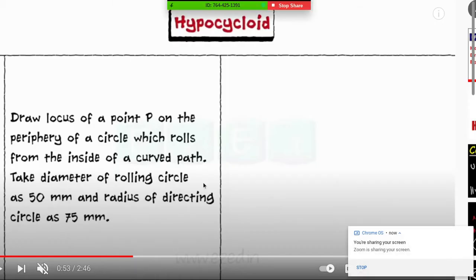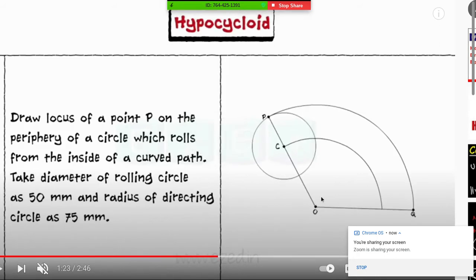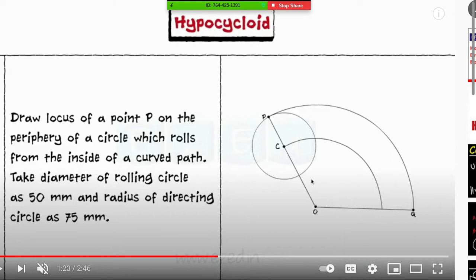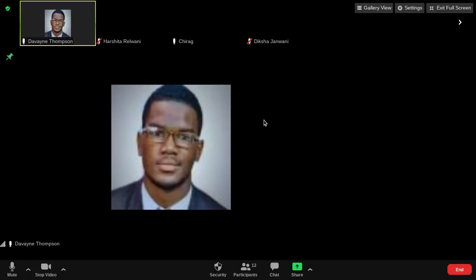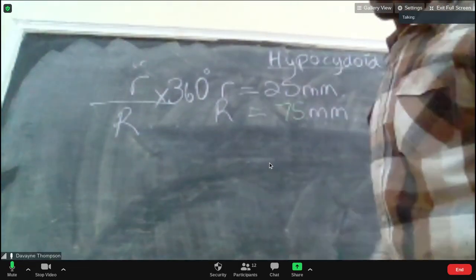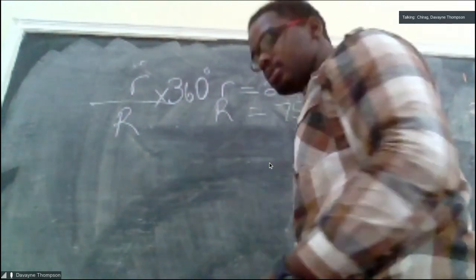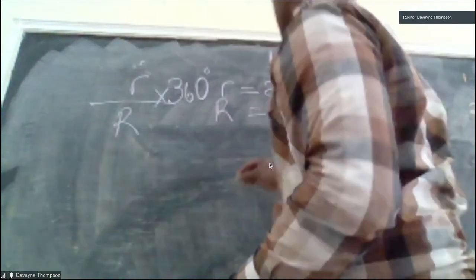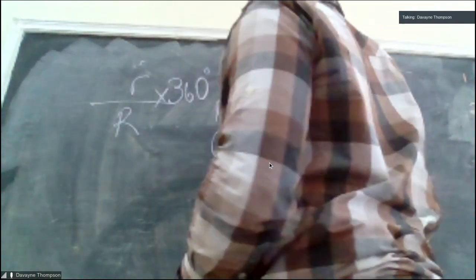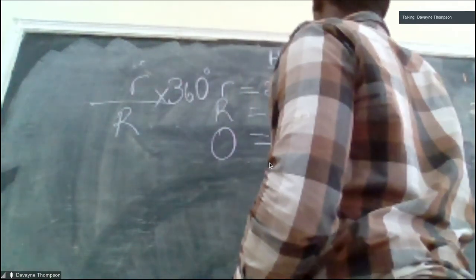The angle of this curve right here. This curvature right here. So before we can begin our drawing, we must know the angle, and we just found it is 120 degrees. Everybody clear? So we're going to say theta is equal to 120 degrees.